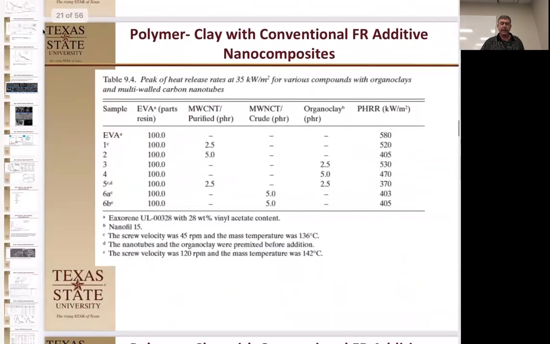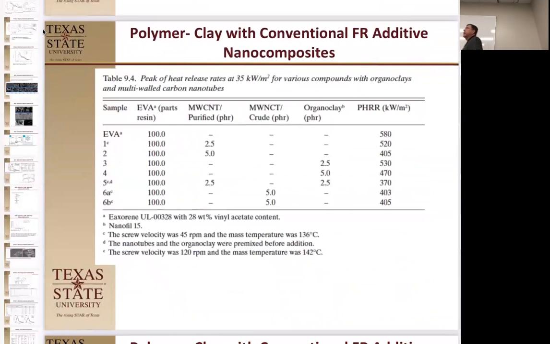So in this case here, we're looking at EVA, that's the ethylene vinyl acetate copolymer. And then we looked at different ways to do it. In this case here, we started with just purified multi-wall carbon nanotubes. And then just crude multi-wall carbon nanotubes because it's hard to purify. And if you can use the crude one, why not?